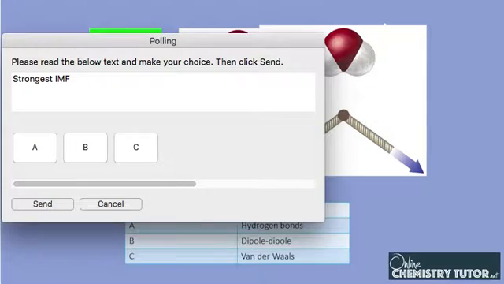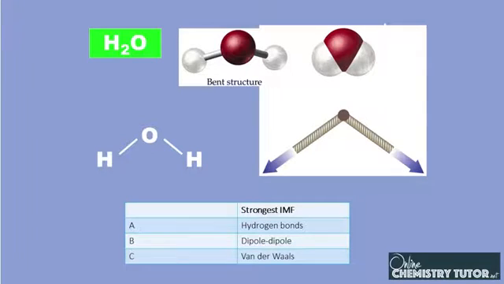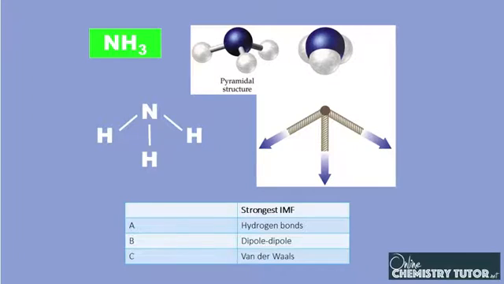So I'm sending out the first survey now. What is the strongest molecular force in the molecule? So in this case, clearly it meets the criteria for hydrogen bonding because we have hydrogen covalently bonded to oxygen. It can hydrogen bond with itself.